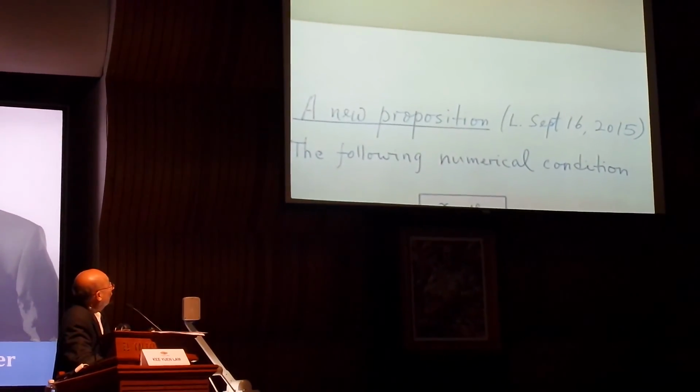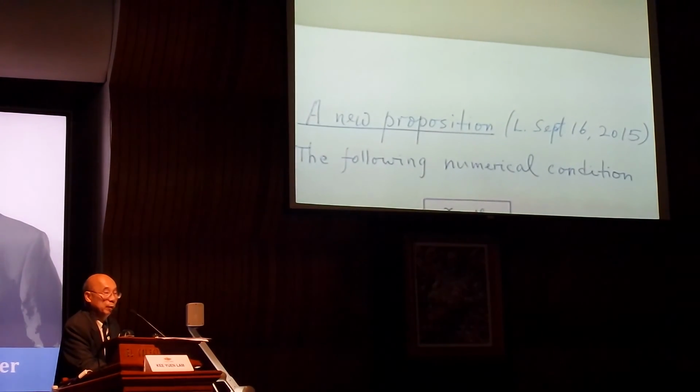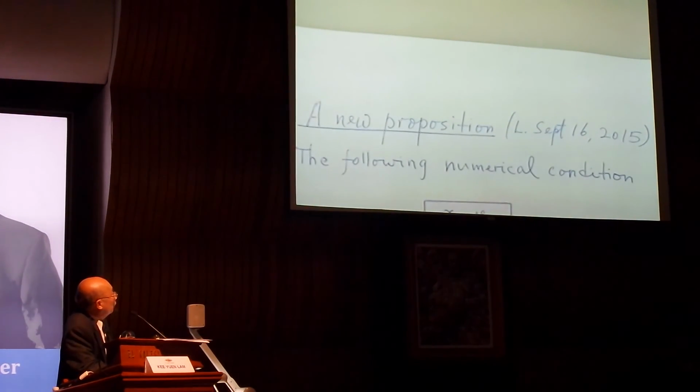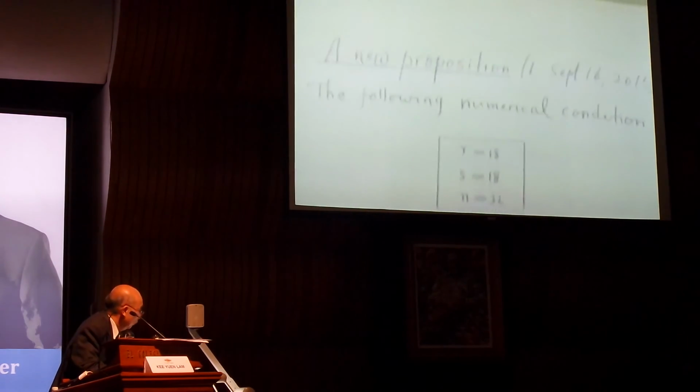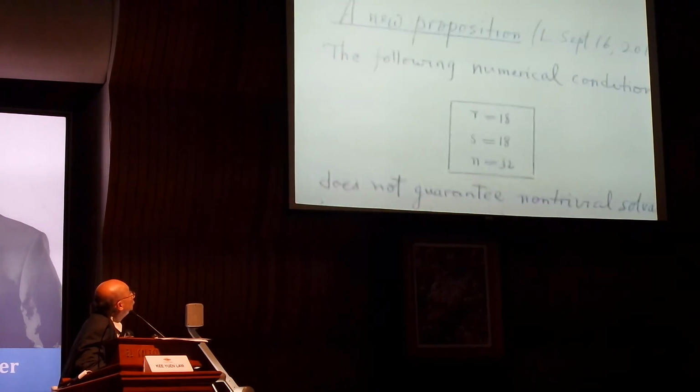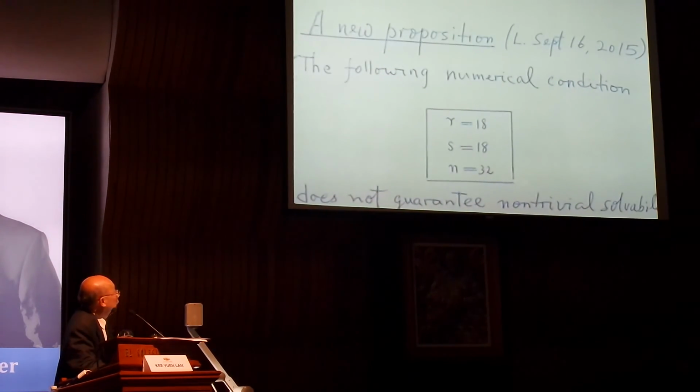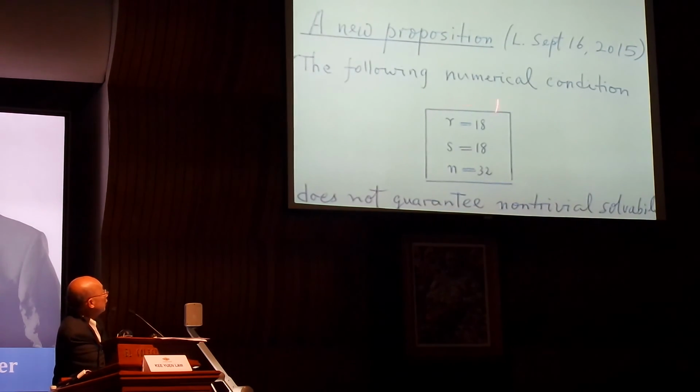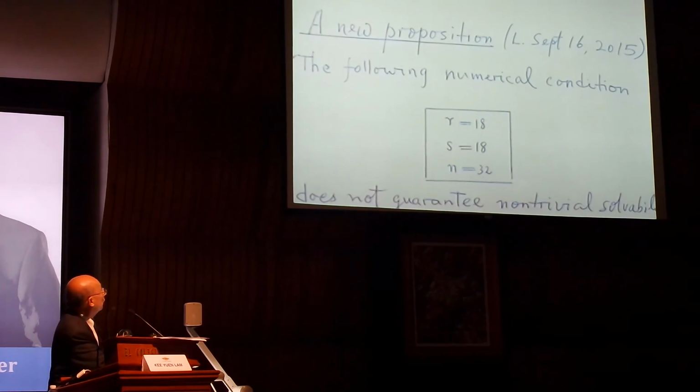Now, coming down to Mexico and preparing for this talk, I happened to hit upon this very minute proposition. Sam has 18, 18, and 32. I will cut down the R by 1: 18, 18, and 32.